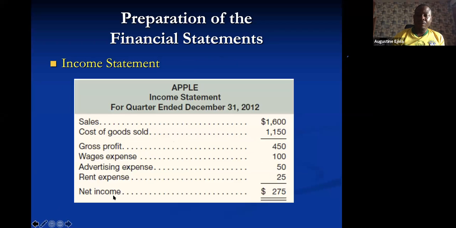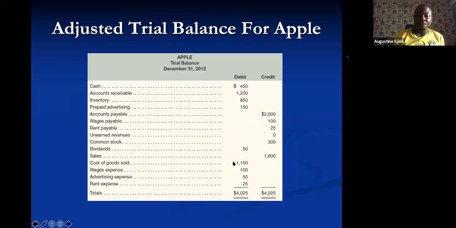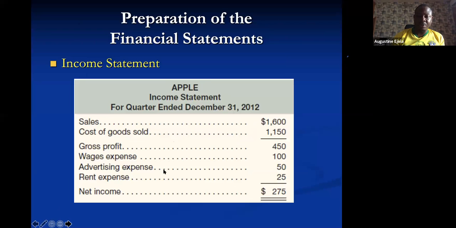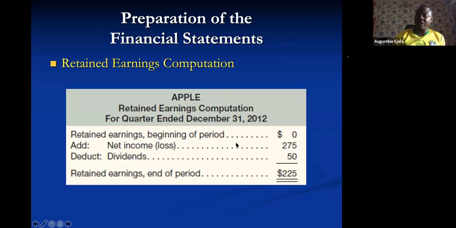And if you look at this trial balance, for instance, dividend is not shown here, right? Why? Dividend is not really an expense. So that is why dividend will not be shown in your trial balance. Dividend is an appropriation decision.